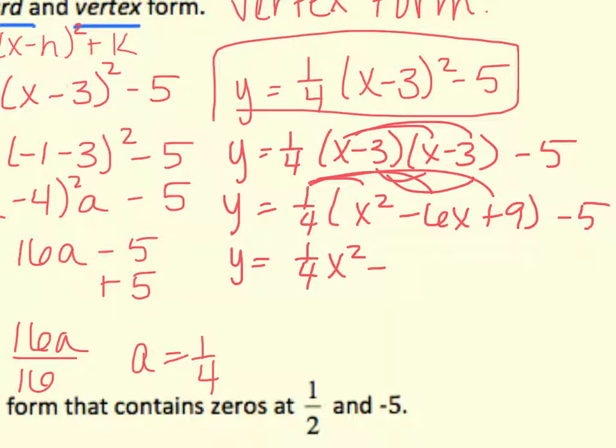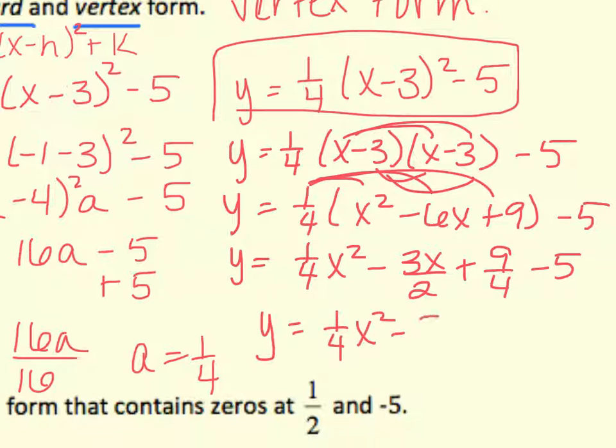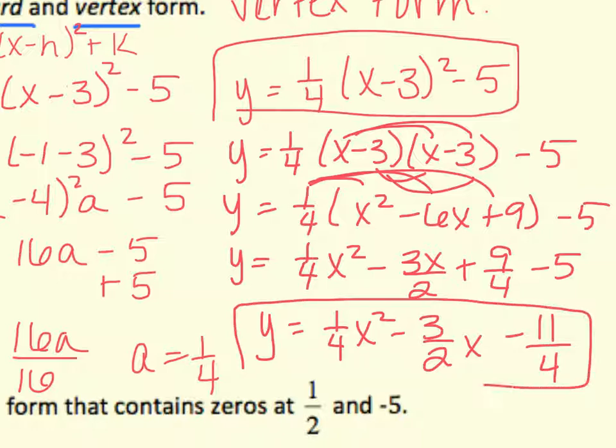If you simplify 6 over 4, that's going to be 3 over 2. Okay, and then combining like terms, 9/4 minus 5 is -11/4. So here is your standard form.